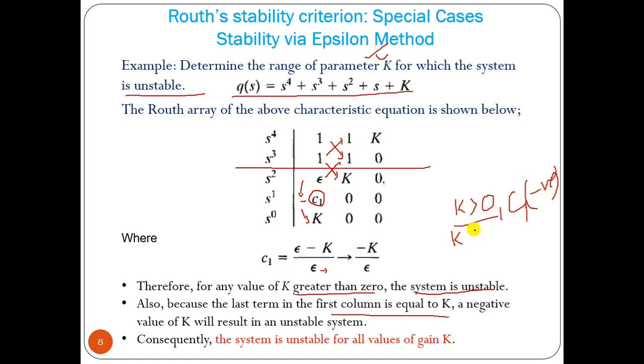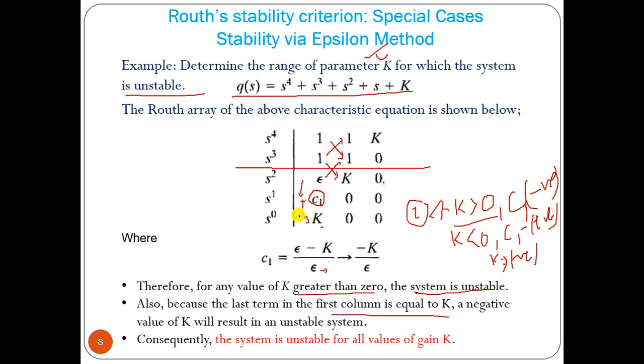If k is less than 0, then c1 becomes positive, but the last term k is now negative, so the system will be unstable, as there is a sign change. If k is greater than 0, how many sign changes should be there? c1 is negative, so we have two sign changes. If k is less than 0, c1 is positive and k becomes negative.